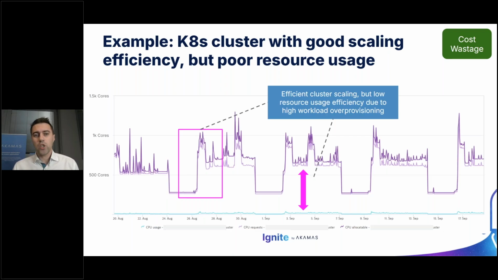So in this case, we have been good in using the cluster autoscaler, and the two purple lines are really close to each other. The point is that all this potential efficiency is wasted due to a misconfiguration of the requests. And we see that the requests that are asked of the cluster are really far from the CPU that is used on the same cluster. This is the first thing that I wanted to highlight. So there is a high inefficiency in many of the customers that we are dealing with today.